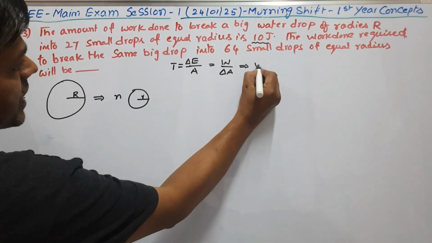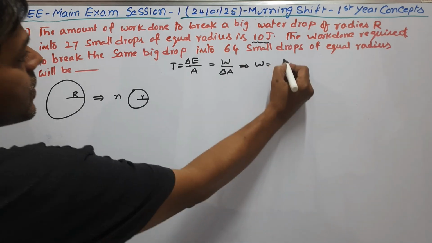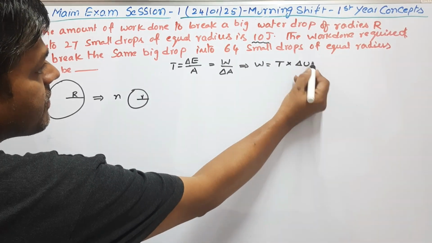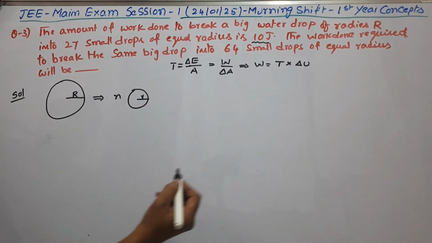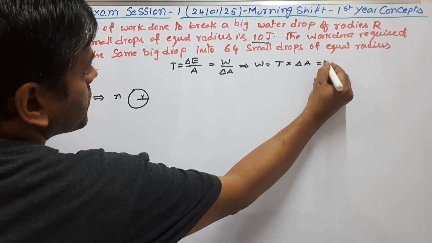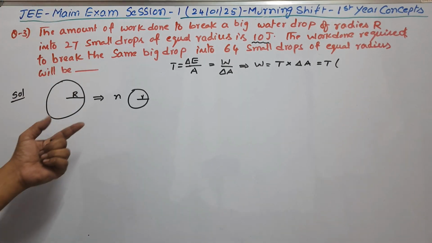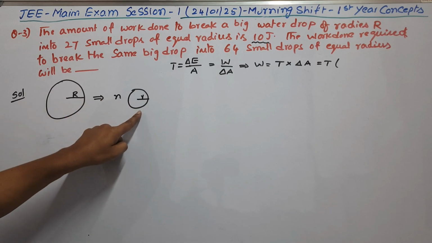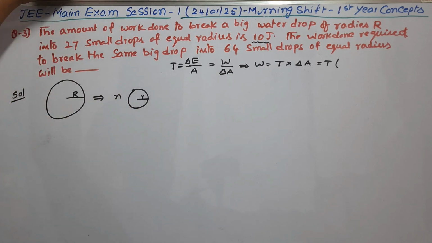That implies the work done required is equal to surface tension T into the change in surface area delta A. The big water droplet has area A1, and the small water droplet has area A2.